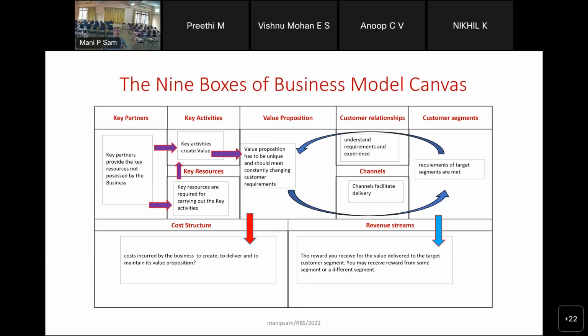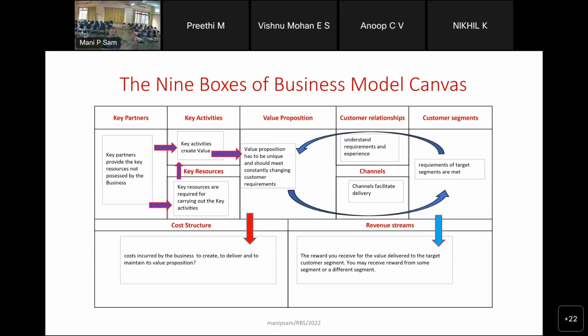And creating the value is done using some key resources. Key resources are normally the resources owned by the company or the business. Since it does not make economic sense or is not really feasible for every business to own all the key resources required for carrying out the key activities so that it can create the value required by the customer, it normally aligns with key partners who provide the resources or carry out the key activity itself.